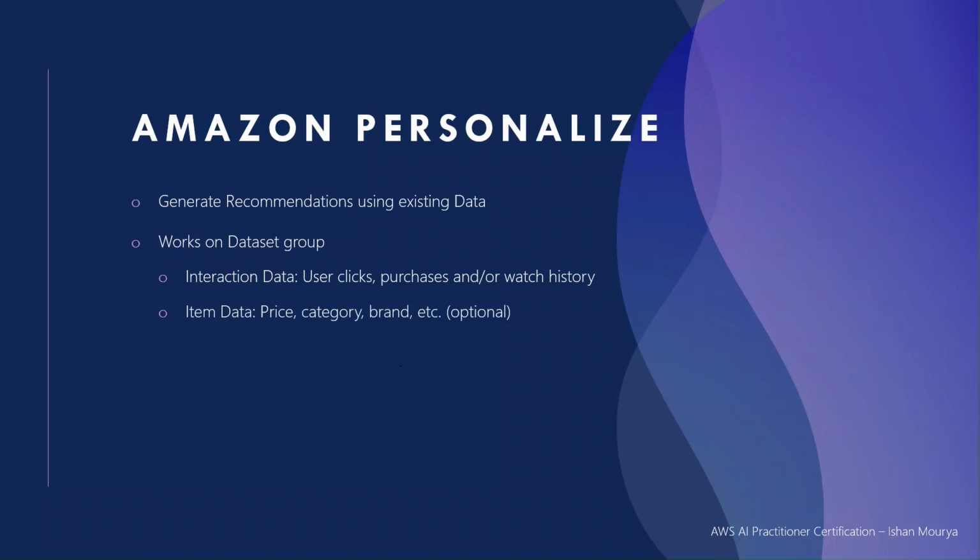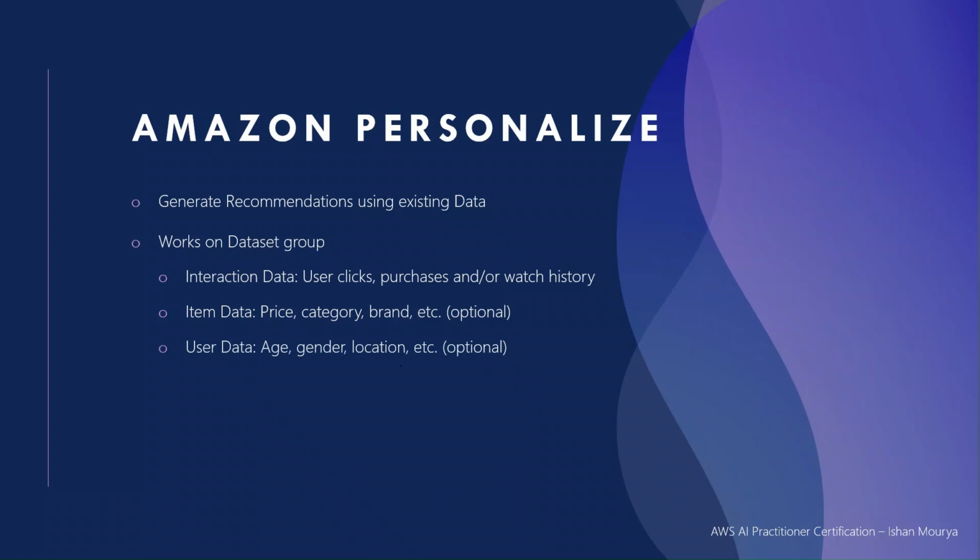Any detail you can have there. This is optional data. For Personalize to work, the interaction data is mandatory, but there are two other datasets which you can feed for a better recommendation, but those are not mandatory.